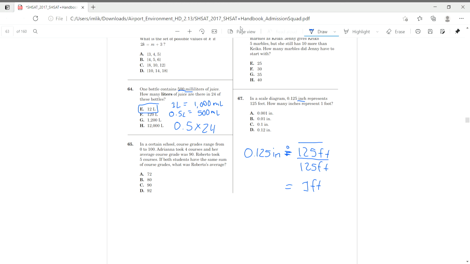You have to do the same to the other side, so you can divide this by 125. 0.125 divided by 125 is equal to 0.001. So you know that 0.001 inches is equal to 1 foot on the map, which is A. Always remember your units when thinking of these problems with scale diagrams, and don't get messed up on the math.